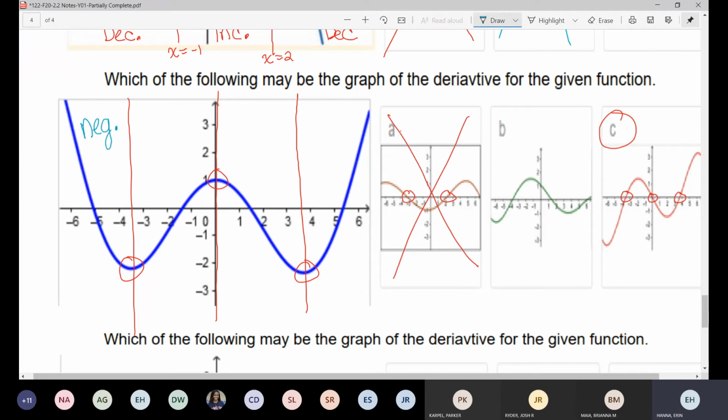It needs to be below the x-axis. In both B and C, we have that happening. They start out below the x-axis. Then in this second piece, we need to be positive because my original function is increasing. Both of those graphs switch to being positive, so we're okay there as well. Then it has to switch back to being negative, which both of those graphs do. And then switch back to being positive.